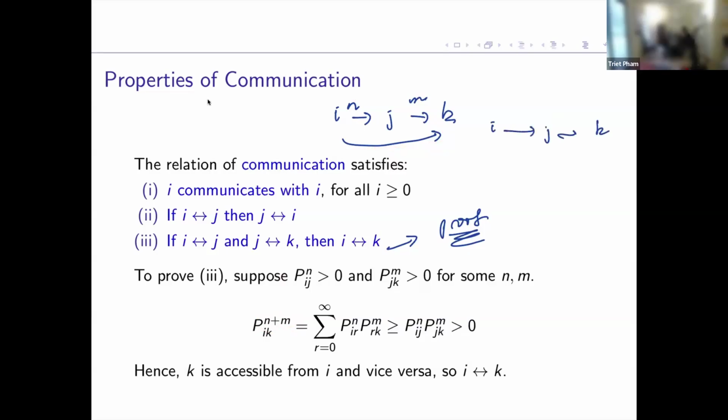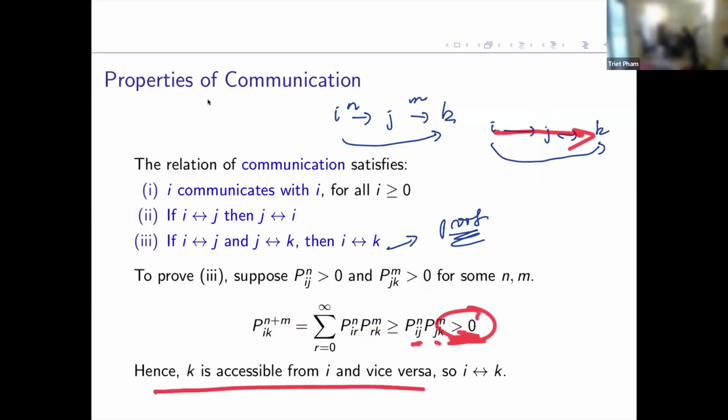So the path from i to k would involve all possible in-between states. But of course, one of those will go through j, which we already established has positive possibility. So therefore, we have that. Does that make sense? A small thing, but worth pointing out.